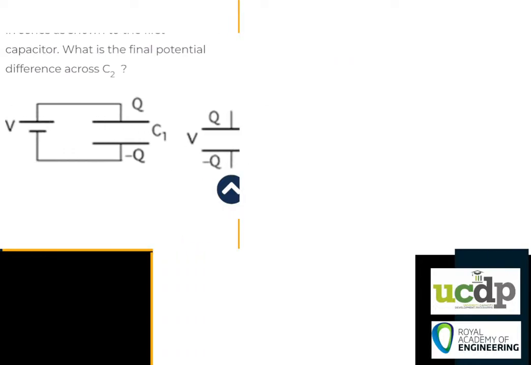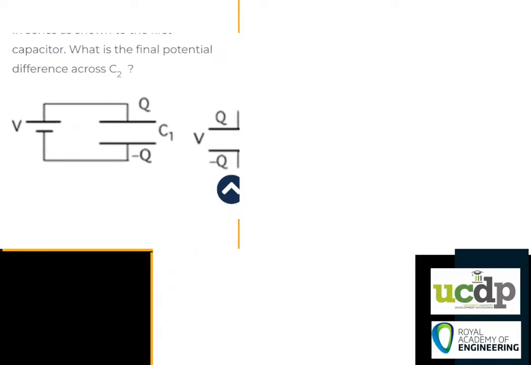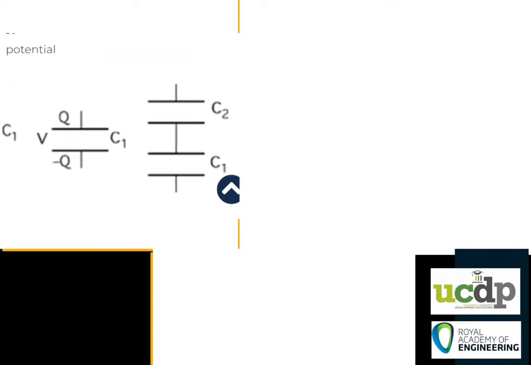Okay, so the first thing to do there is remember the connection there for the two capacitors. The two capacitors after isolation are connected in what is this, series or parallel? They are connected in series, right? So if they are connected in series, what quickly comes to mind?